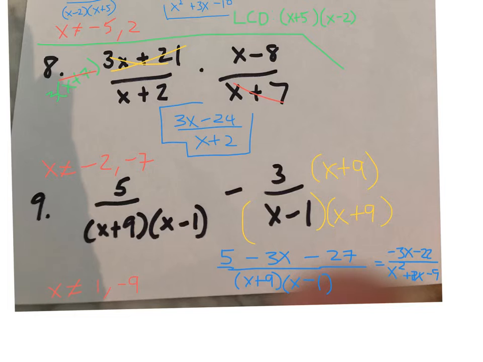And that actually is the answer at that point. There's no cancellations that could take place here because -3 and -22 do not have any common factors other than 1. So unless I made a careless mistake, that is that one.